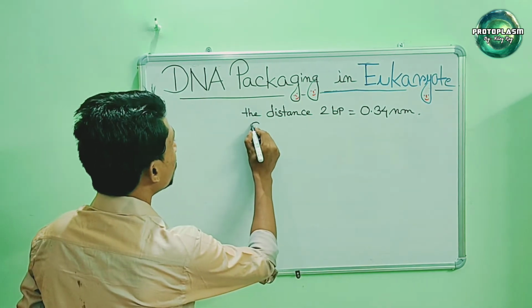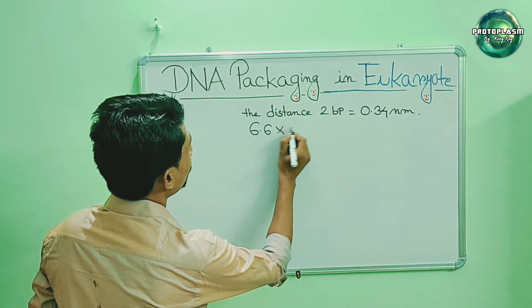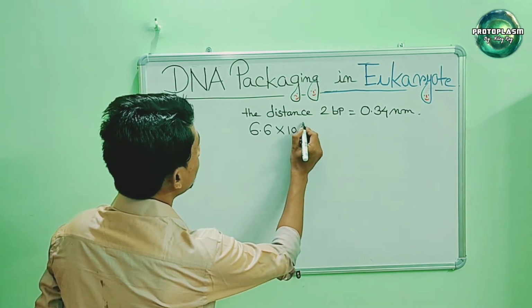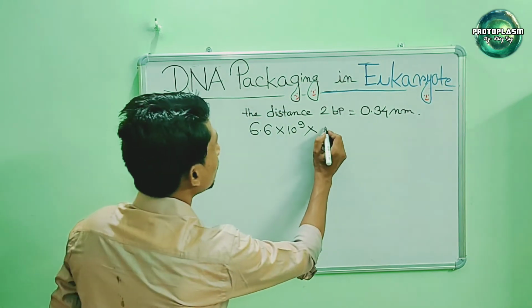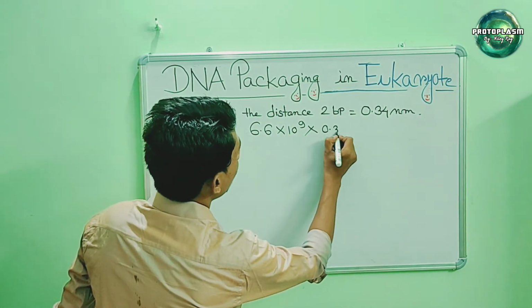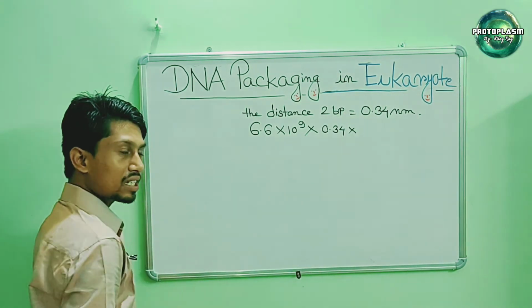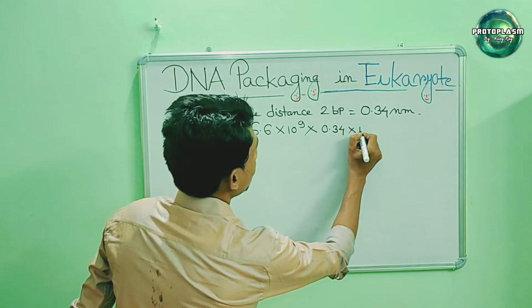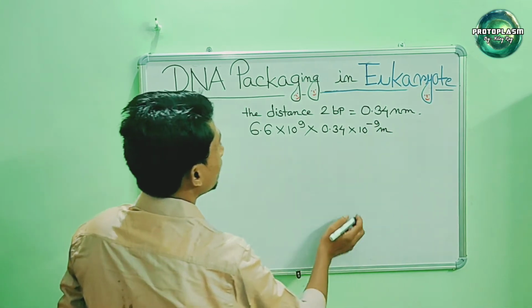The total number of base pairs within a mammalian chromosome is 6.6 times 10 to the 9. That we will multiply with 0.34, the distance between two adjacent base pairs, and this value is in nanometers.